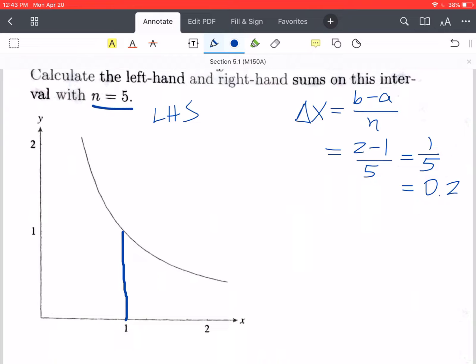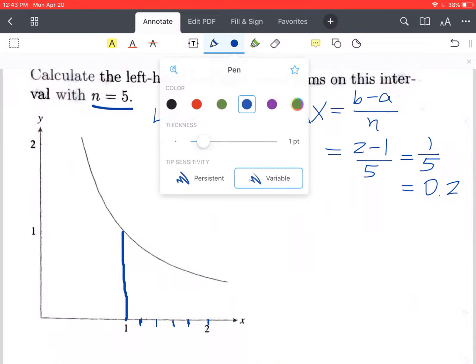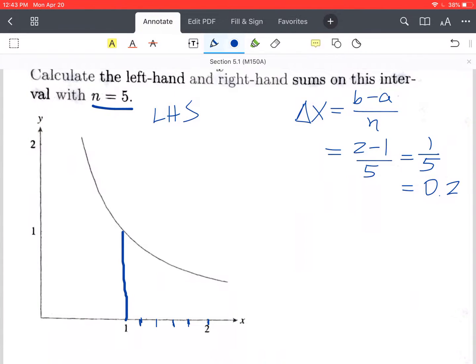Okay, so we're going to start at 1. We're going to break this into 5 pieces, going all the way up to 2. So let me see if I can make this as even as possible. Three, four, five, perfect. Okay. And then I'm going to be using these left-hand endpoints to create the rectangles. So I'm going to use the height of this one and just carry that over to finish off the rectangle.